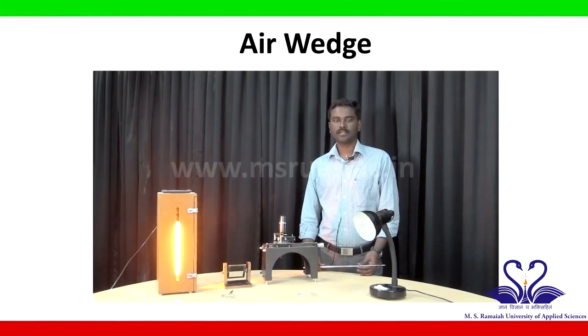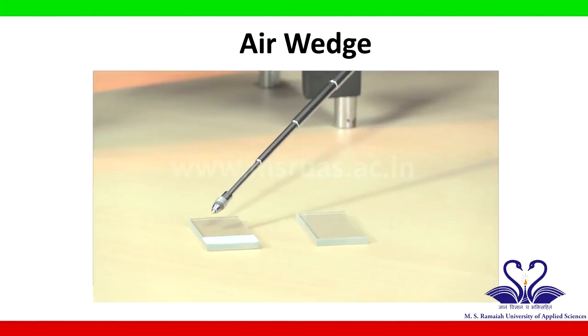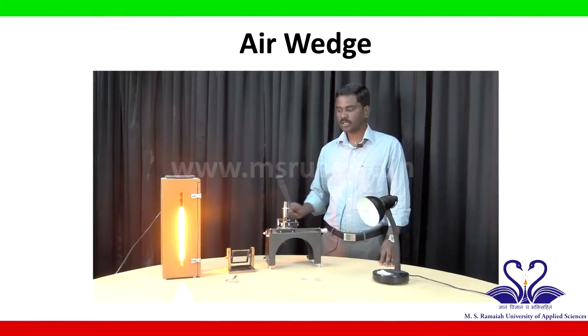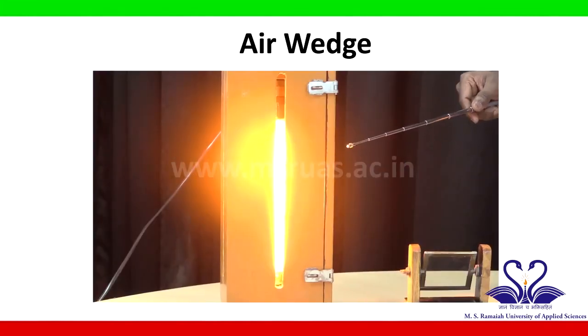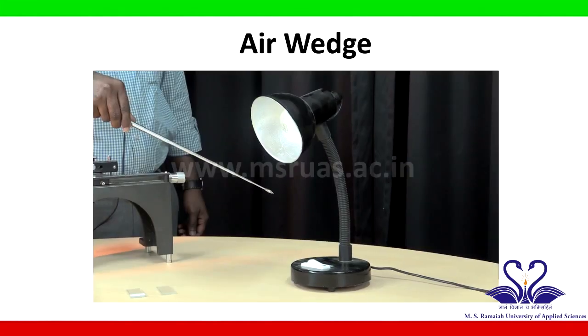Hello students, in this experiment we are going to measure the thickness of a thin paper using an air wedge setup. The apparatus required are two glass plates, a thin paper, a travelling microscope, a reflector, a sodium vapor lamp, a reading lens and a light source.